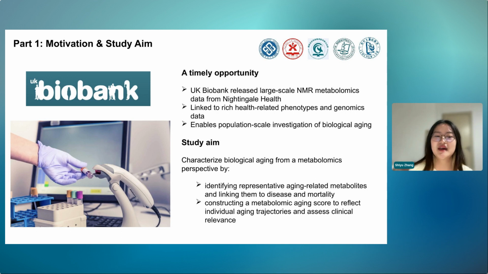This motivated us to ask a simple question: can a metabolomic-based model built at such a large sample size provide a more accurate and more biologically meaningful measure of biological aging? Our aims were twofold. First, to identify key aging-related metabolites and link them to disease risk and mortality. And second, to develop a metabolomic aging score that captures individual aging trajectories and explore its potential clinical relevance.